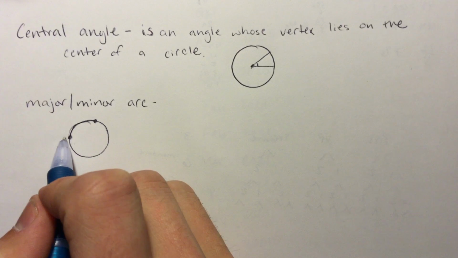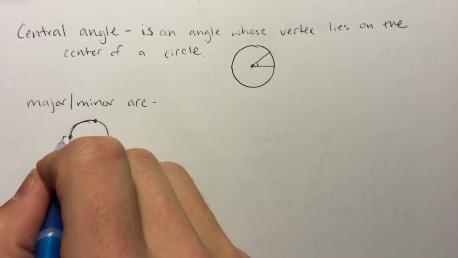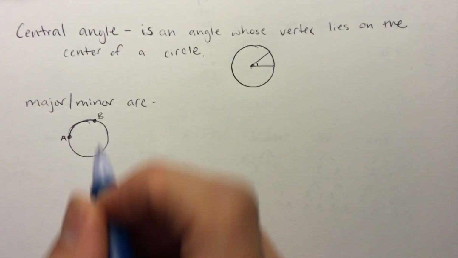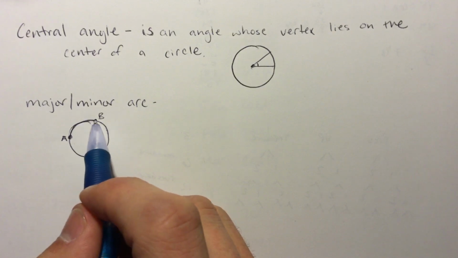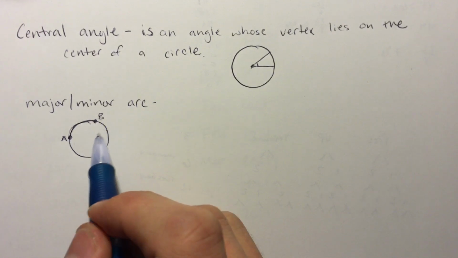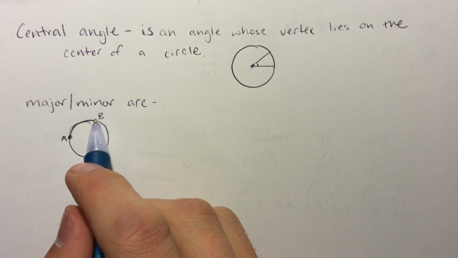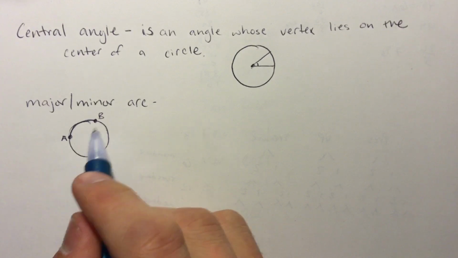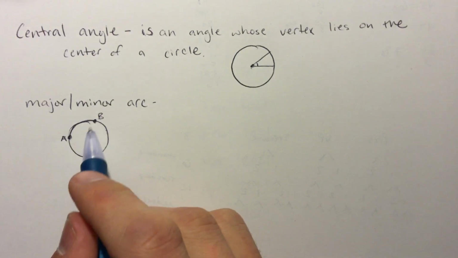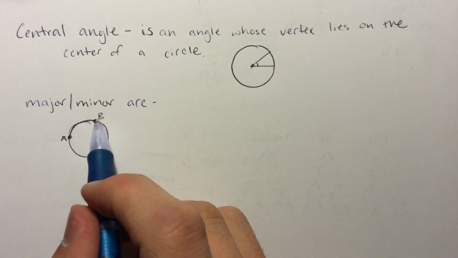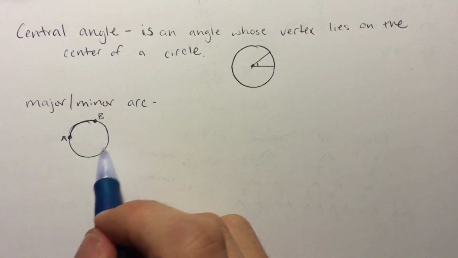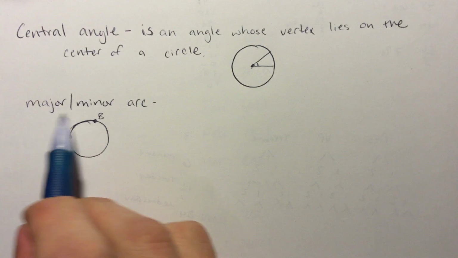So we'll go ahead and label these points A and B. From A to B along the outside of our circle, that is an arc. And then from B to A, still going clockwise, that would also be an arc. So for 2 points, there are 2 arcs created, and we label these arcs as major and minor.